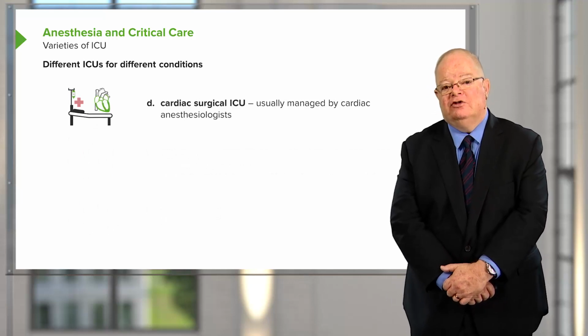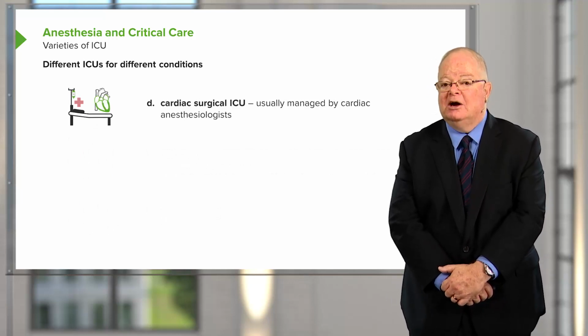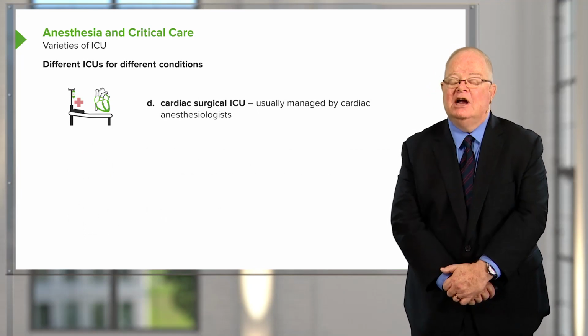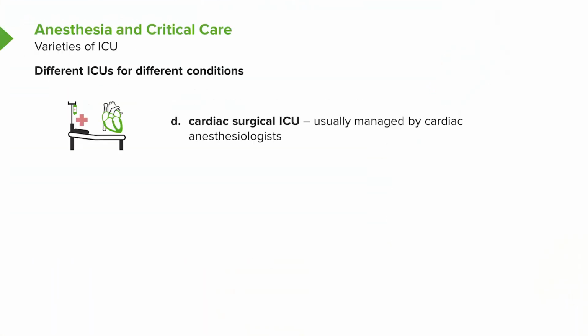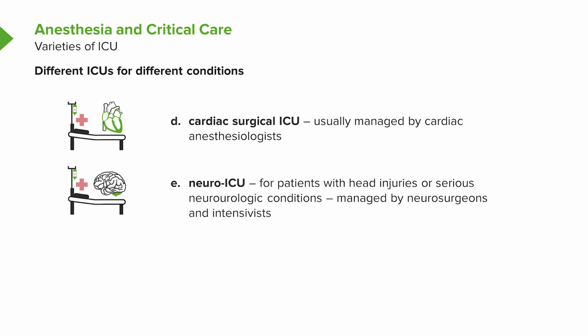There are cardiac surgical ICUs, which usually are managed by cardiac anesthesiologists and care for patients after open heart surgery. There are neurologic intensive care units primarily for patients with head injuries or serious neurologic conditions, which are handled primarily by neurosurgeons and intensivists or neurosurgeons and neurologists.